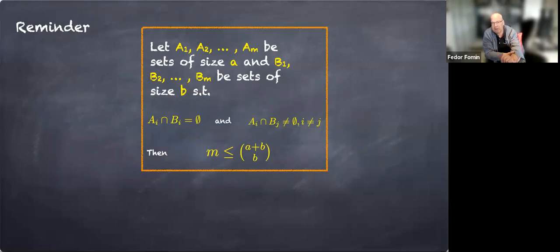The first condition is that for every index i, the sets Ai and Bi should be disjoint. And for any pair of non-equal indices, Ai and Bj should intersect. Then Bollobás lemma says that the number of such sets m doesn't exceed (a+b choose b). So this is the Bollobás lemma.